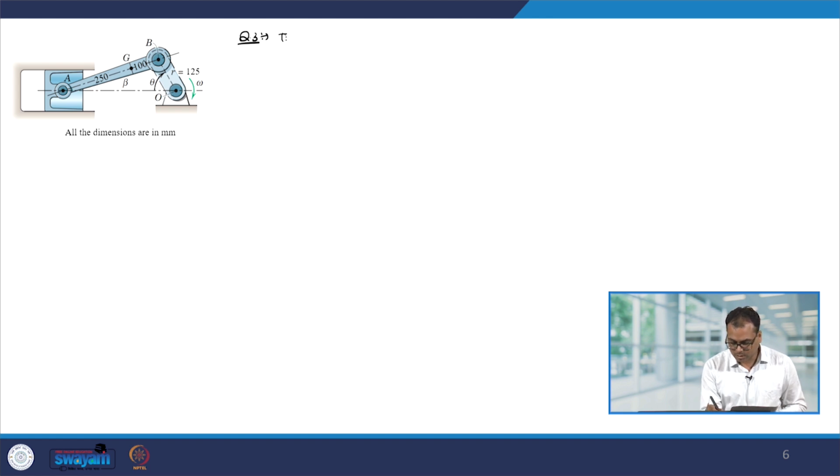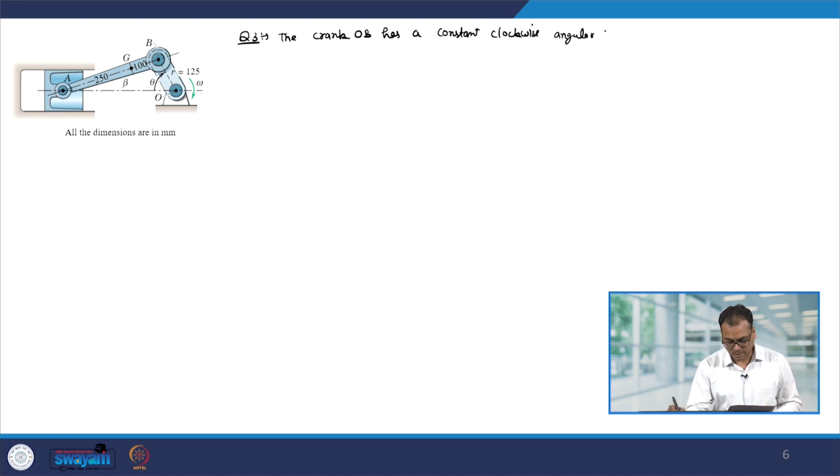So, the crank OB has a constant clockwise angular speed of 1500 revolution per minute.